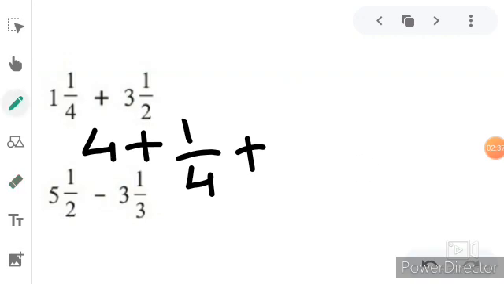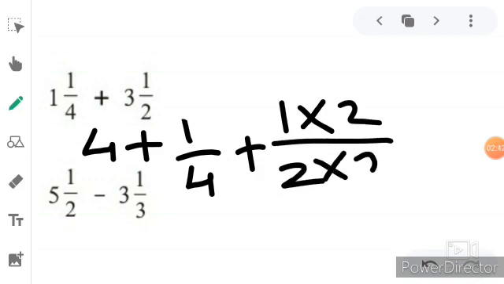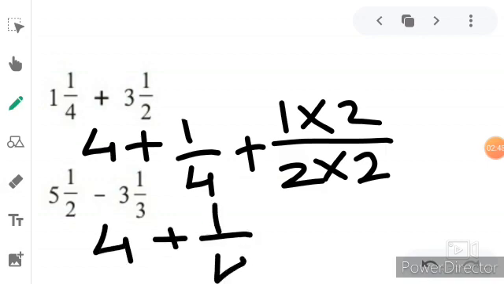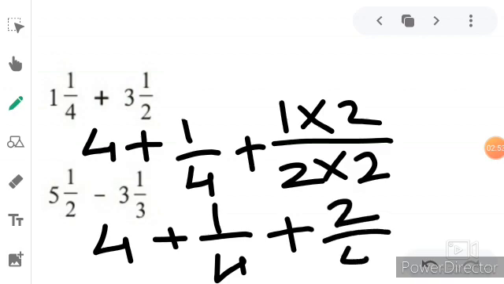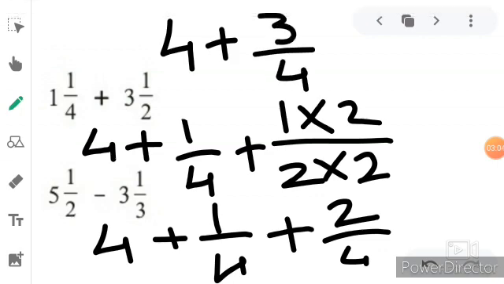So 1 multiplied by 2, 2 multiplied by 2 is equal to 4. So we can write this as 4 plus 1 upon 4 plus 2 upon 4, since 1 2s are 2, 2 2s are 4. Now add: 4 as it is, plus 1 upon 4 plus 2 upon 4, that is 3 upon 4. Likewise we will have to add mixed numbers.